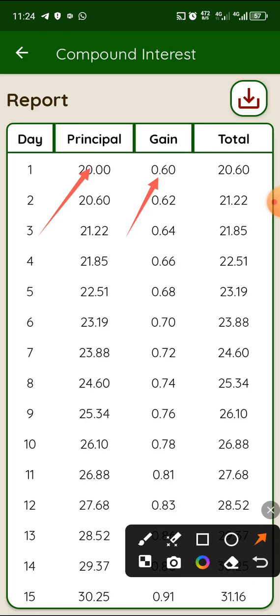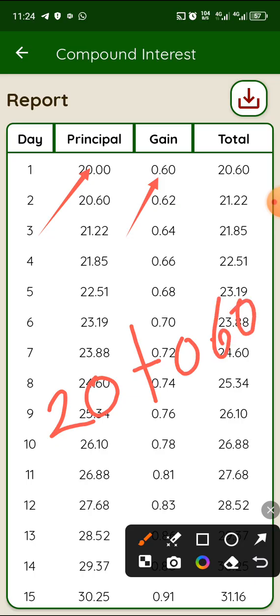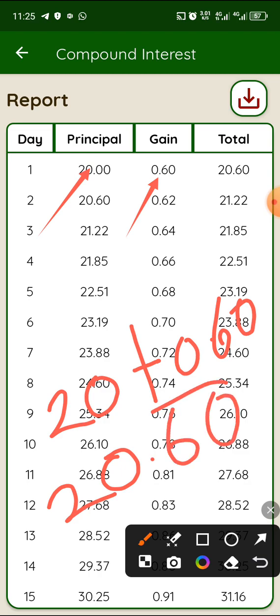So on your next trade, you will not invest $20 again. Instead, you will invest $20 plus the 0.60, giving you $20.60. So this will be your investment price on your next trade.